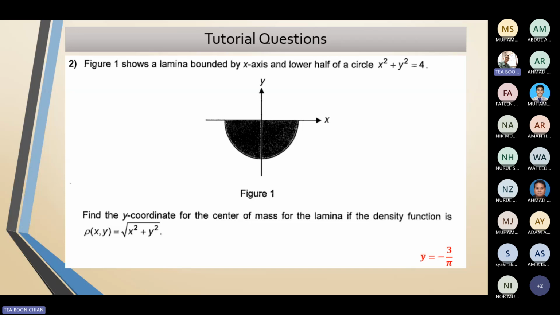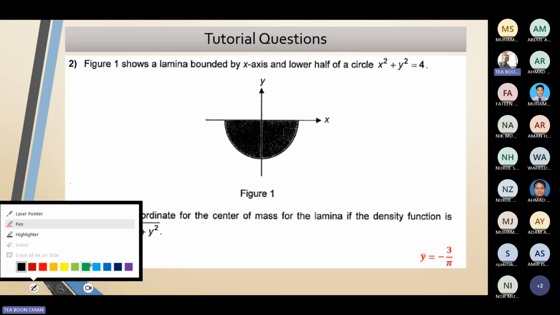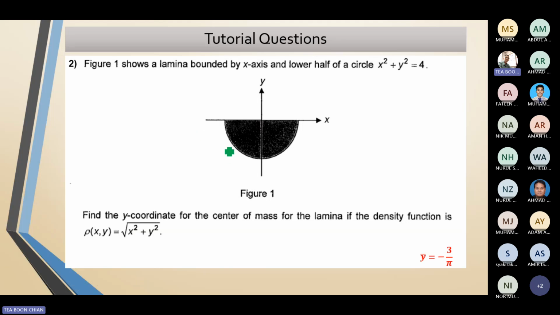Question number 2. Figure 1 shows the lamina bounded by the x-axis and the lower half of the circle x squared plus y squared equals 4. Clearly, you know this is a circle, therefore you need r dr d theta. Okay, this is the area of the lower half of the circle. So when you look at this graph, you should already be able to tell that theta rotates from pi until theta equals 2 pi, because the rotation is in the anti-clockwise direction.